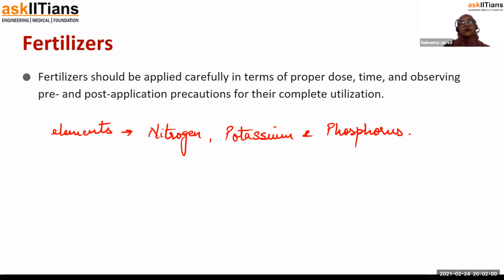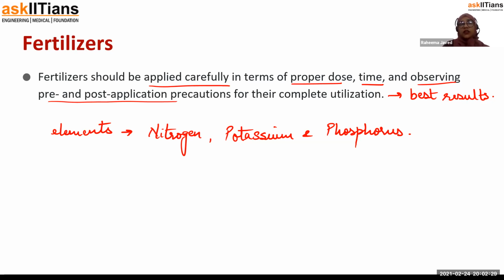So fertilizers, if they are applied carefully in terms of proper dose, time, and observing pre and post application precautions for the complete utilization, they will give the best results. To obtain the best results, optimum crop production, we need to keep these points in mind.